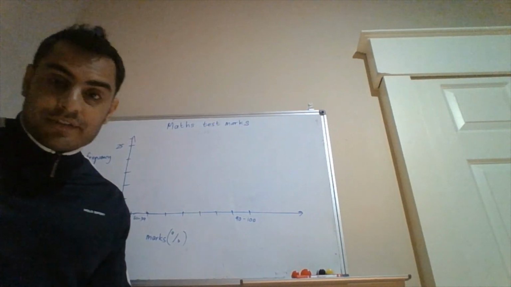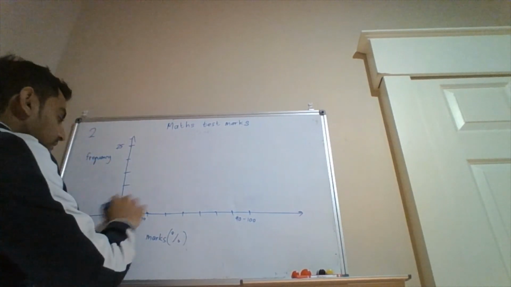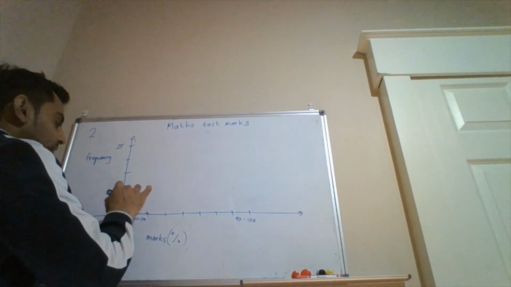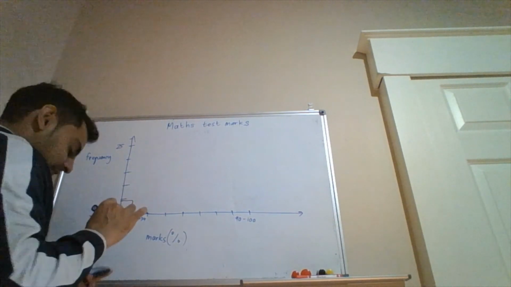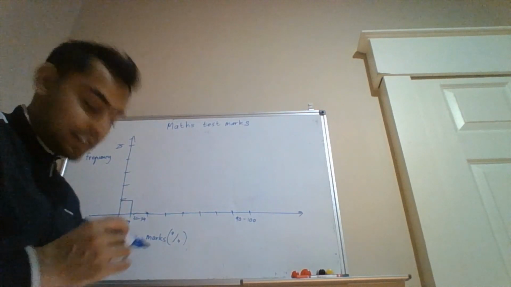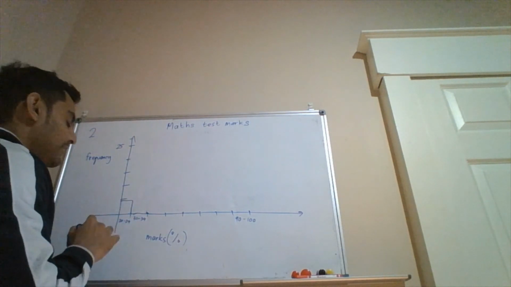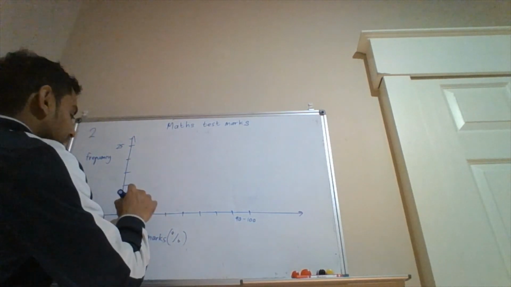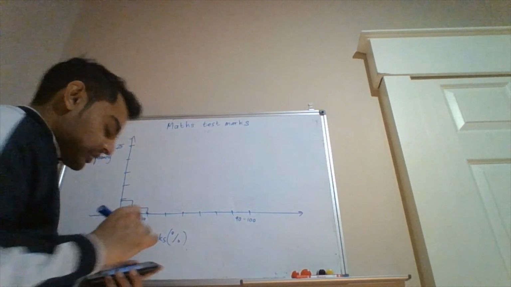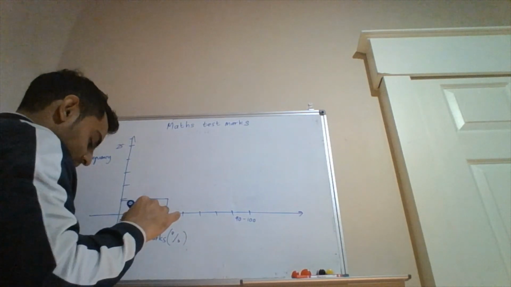So once we've laid everything out, we can just plug and play. For the first interval, 20 to 29, we had a frequency of 4. So 4 is just below 5. 30 to 39%, with a frequency of 2. So midway between 0 and 5 is 2.5. So we can say 2 should just lie a little bit below that. 40 to 49 is 5 on the dot.